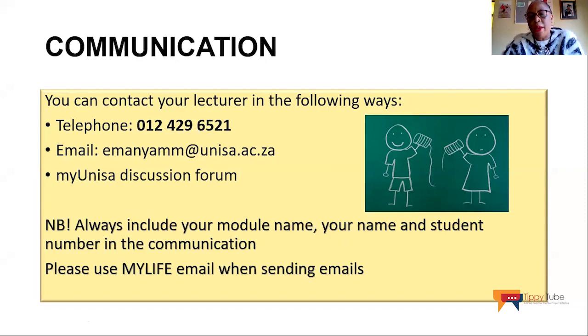And please visit the My UNISA discussion forums. When you write an email, always include your module name and your student number, and use my live email. I don't know how to emphasize that. You must know that according to the POPI Act, we might not even answer your emails when you are using your private email.